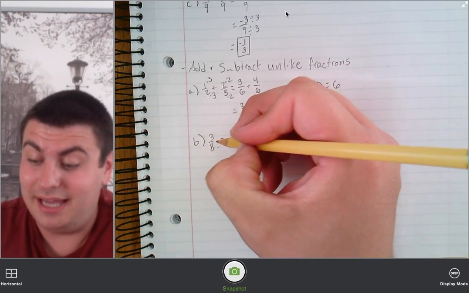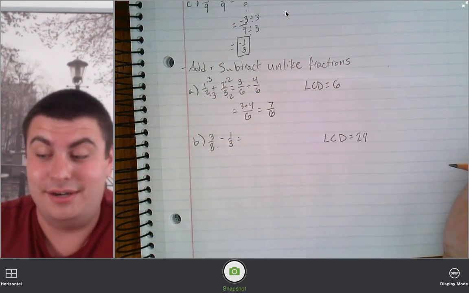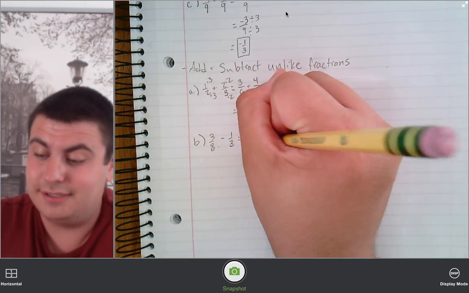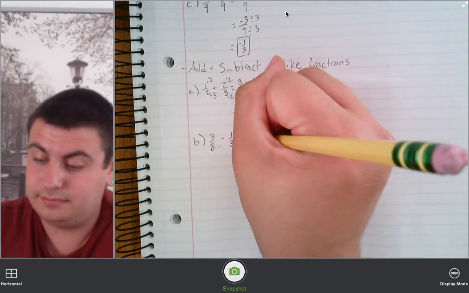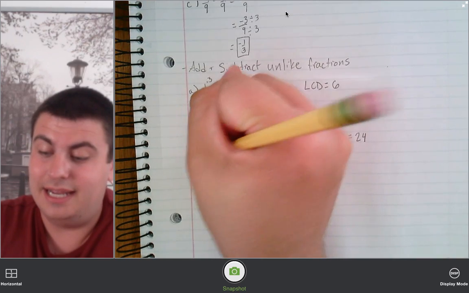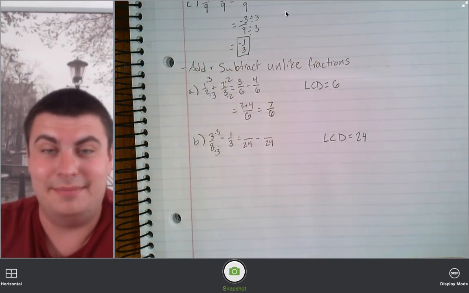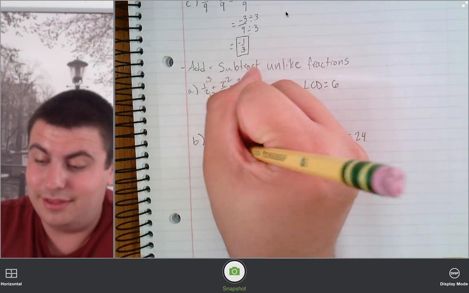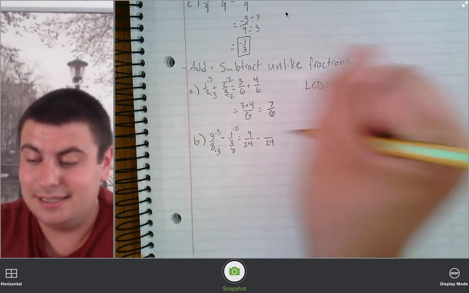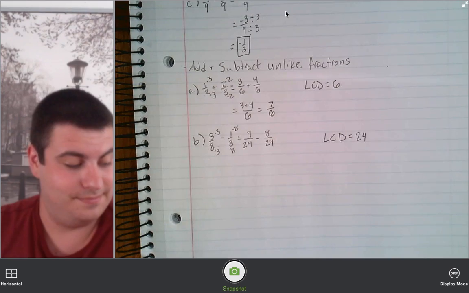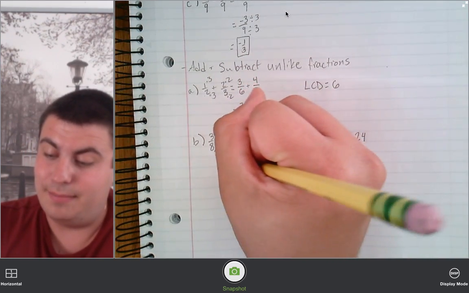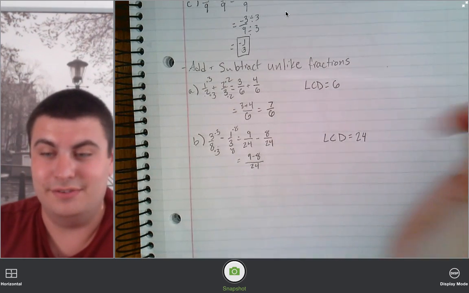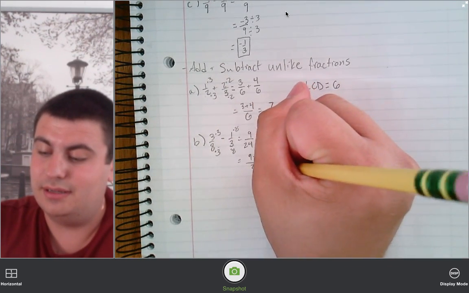But if we have 3/8 minus 1/3, we're going to rewrite each of them in terms of 24ths. We're going to multiply 3/8, the numerator and the denominator, by 3, so we get 9 24ths. We're going to multiply 1/3, each of those, by 8, so we get 8 24ths. So then when we combine into one fraction, we have 9 minus 8 over 24, which is 1 24th.